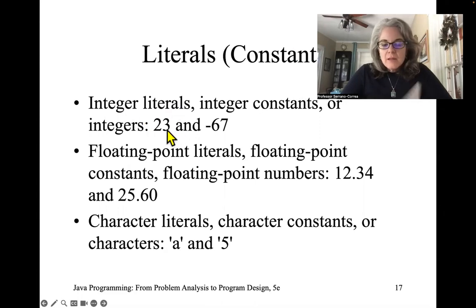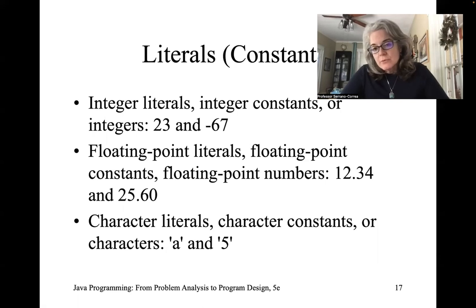We can call the number 23 or the number negative 67, you might hear somebody say, oh, this is an integer literal, or an integer constant, or just an integer. A literal meaning that 23, we literally mean 23. Constant meaning 23 is just 23 and it's not going to change. It's not ever going to become a 24 or 25. So these are constants.